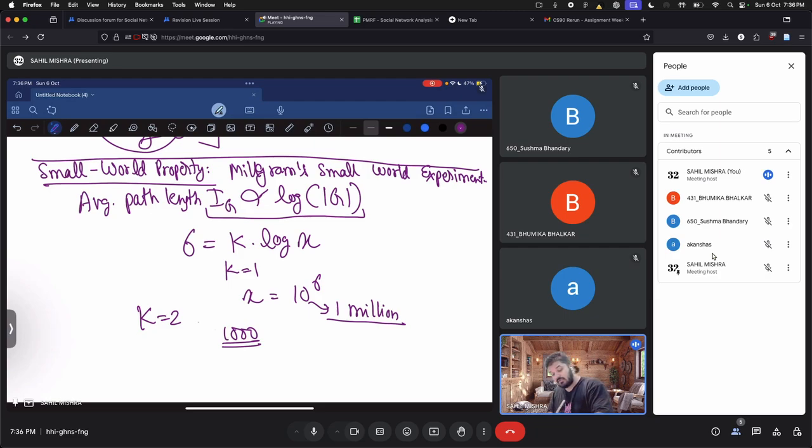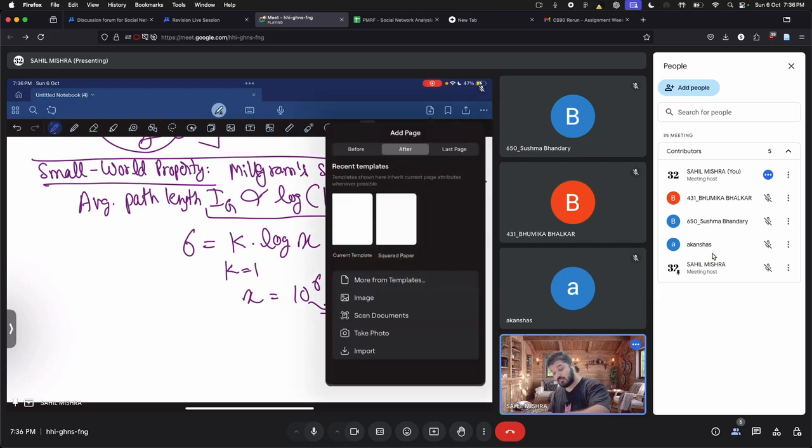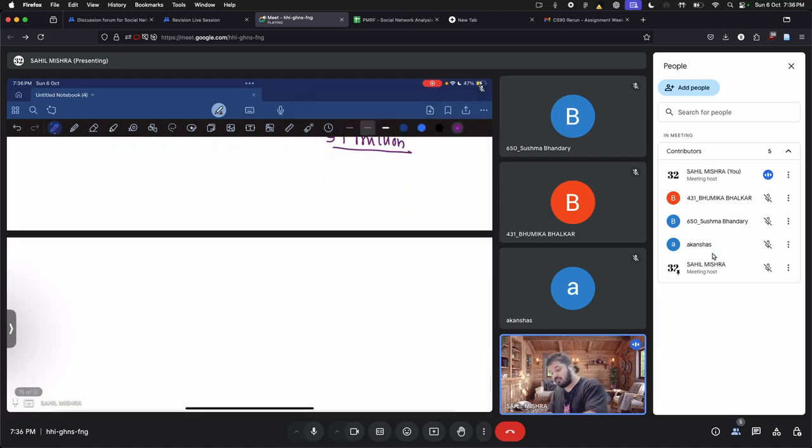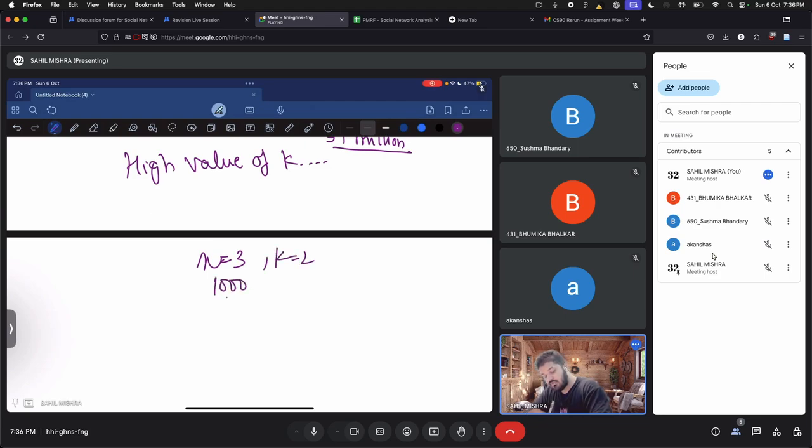For Milgram, the higher the k value, the smaller the graph becomes to follow this property. So when we construct a synthetic network, we want a high value of k, because I don't want a million nodes or a billion nodes, I want a lower number of nodes. With k equal to 2, x becomes 1000 nodes.